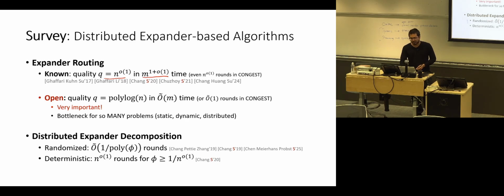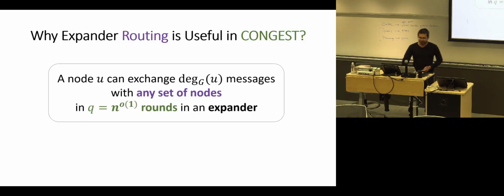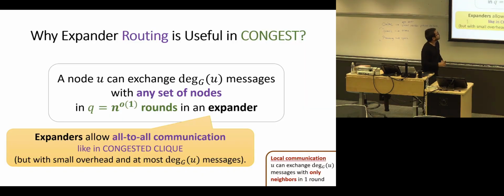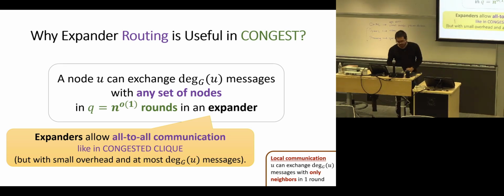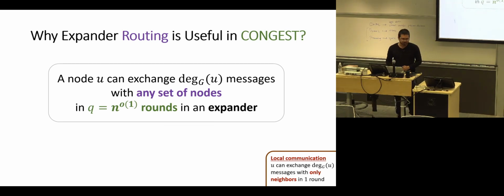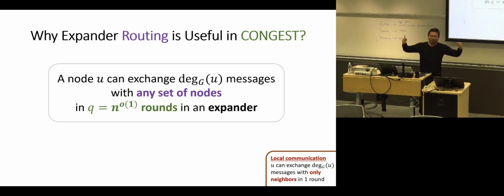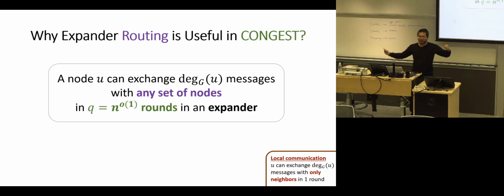And why is expander routing useful? Well, okay, I don't have time to do this, but think like this. Suppose that your graph is an expander. If you can do expander routing, it basically allows you to exchange messages to any other node with a small number of rounds because the flow is short.